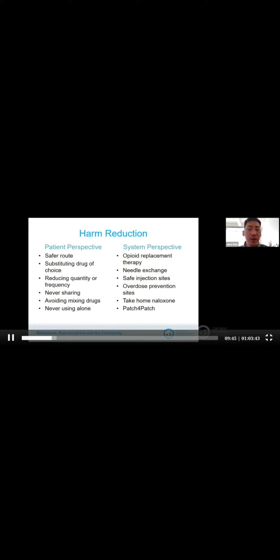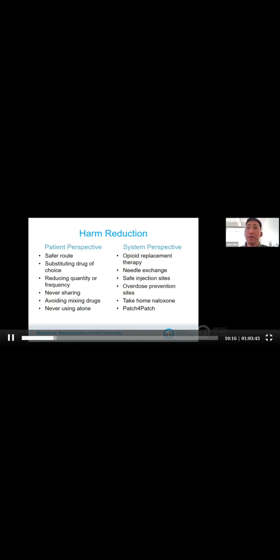And then also, we always recommend never using alone. So we always recommend that if you are going to use, ideally use with another person. If they're using with another person, obviously you're not counseling them to both use at the same time, but one person uses and the other person is there to monitor them, and if they have any signs and symptoms of opioid overdose, then they can offer some help.